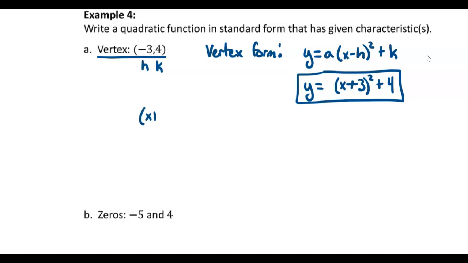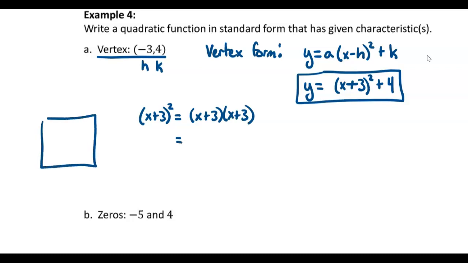So the first thing I would do is (x plus 3) squared. Remember, you can't just do x squared plus 9. You have to actually multiply it out. And so if we did that using a box, (x plus 3) times (x plus 3), then you'd have x squared, 3x, 3x, and 9.